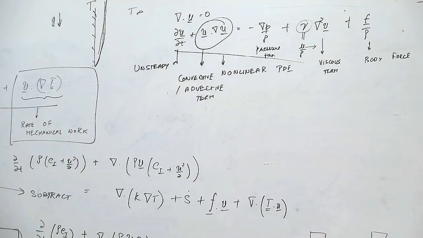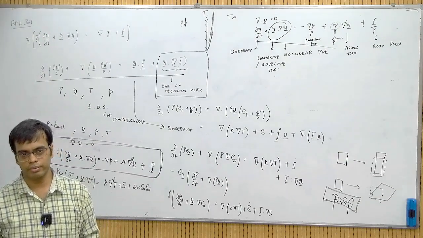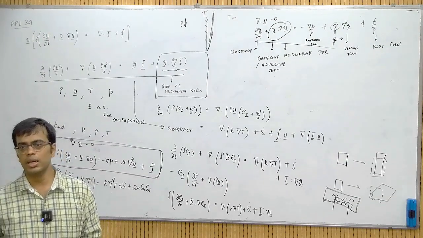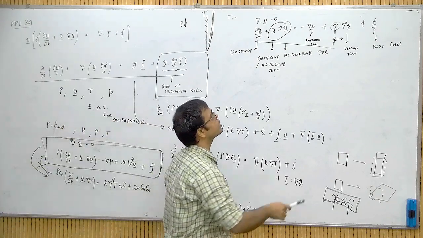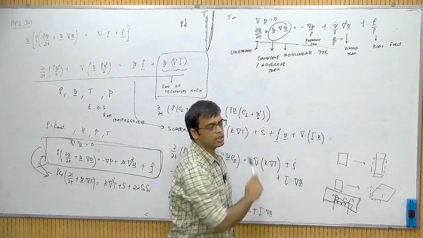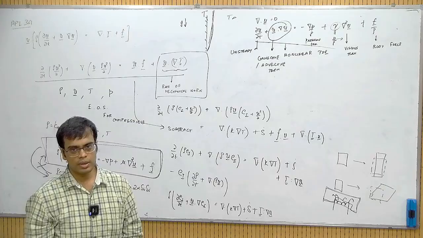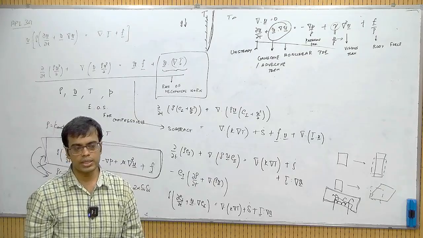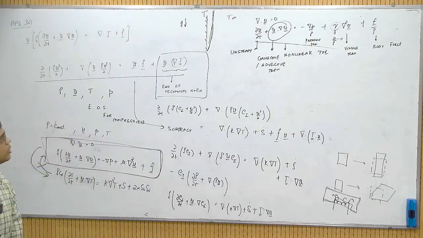So in each direction you need two boundary conditions to solve this equation. If your flow is three dimensional, you need 6 boundary conditions in space and one initial condition to solve this equation. The initial condition is because this is an unsteady equation. You have a del u by del t first order time derivative term.